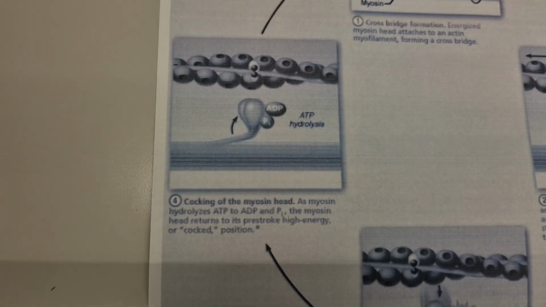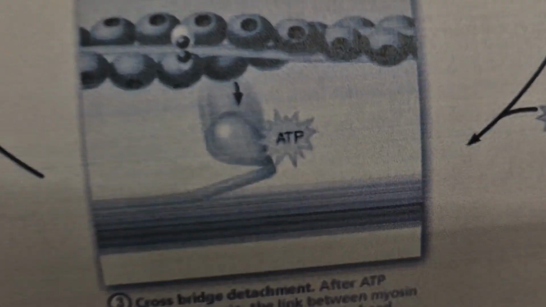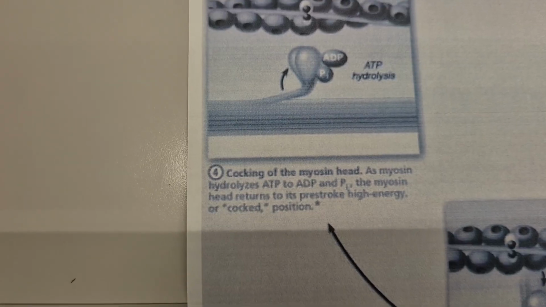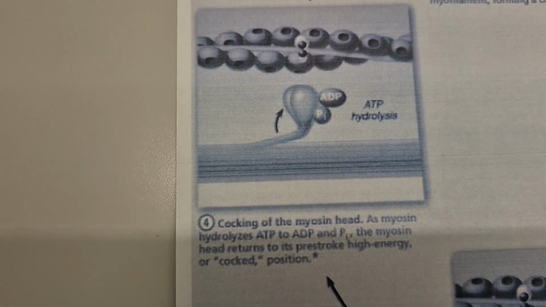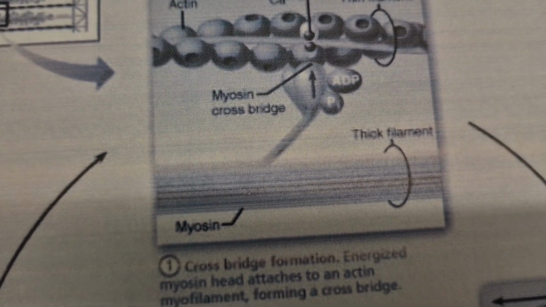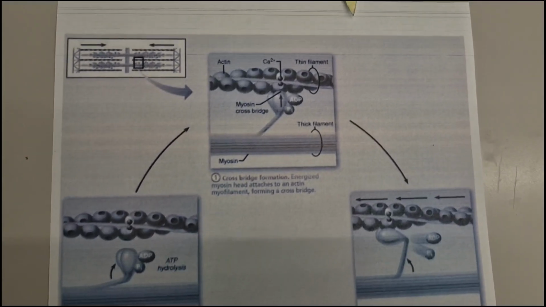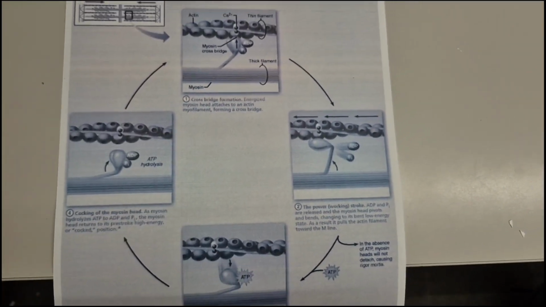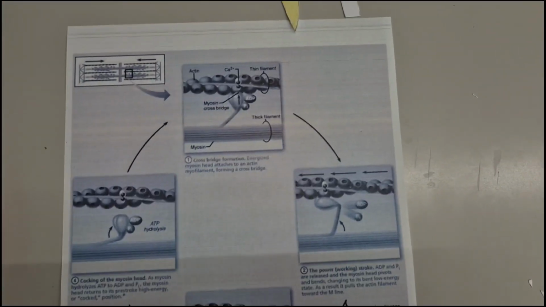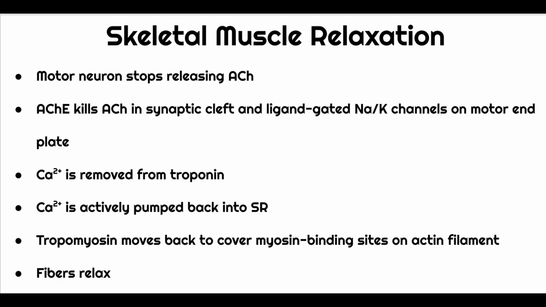ATP hydrolysis just means you put a water molecule on this ATP and you split it into ADP and phosphate. That process re-energizes the myosin head to then be able to attach to actin. And then the process can repeat itself again. So that is the neuromuscular junction and excitation-contraction coupling.